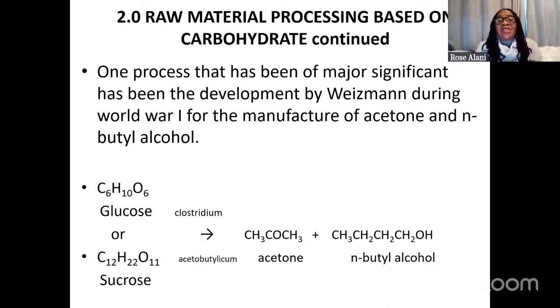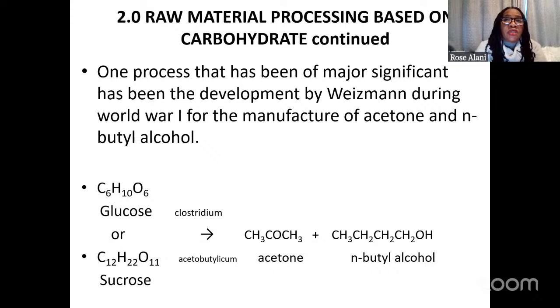One process that has been of major significance is the Weizmann process, developed by Weizmann during World War I, for the manufacture of acetone and normal butyl alcohol.